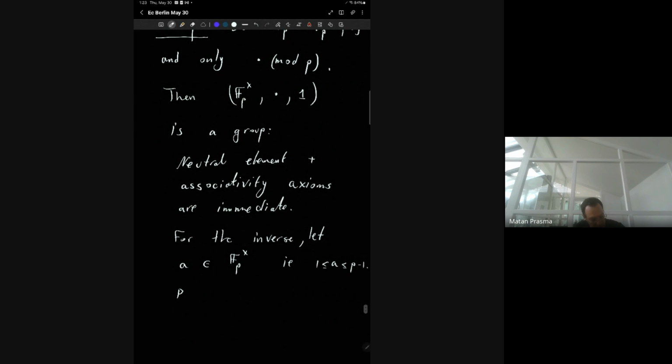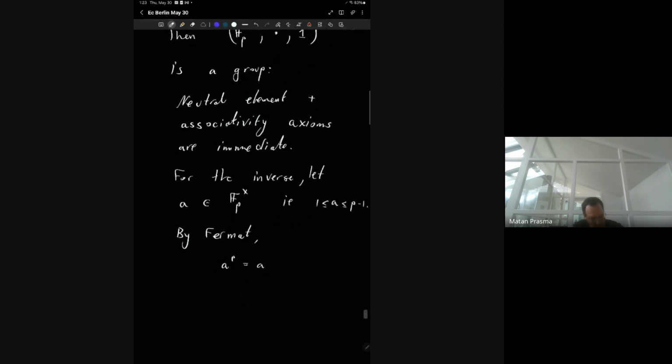Then by Fermat, A to the P is equal to A, which means that A times (A to the P minus 1 minus 1) is equal to 0 modulo P, right? This is modulo P.